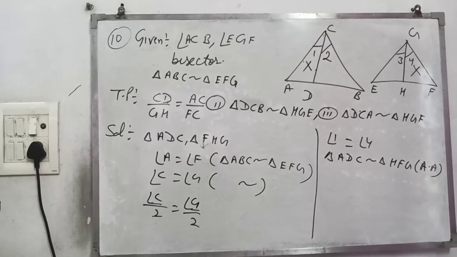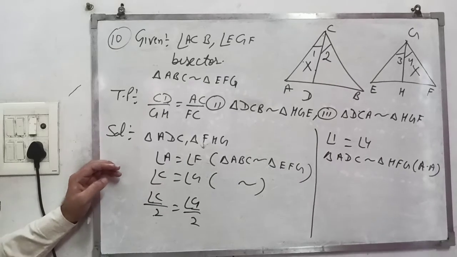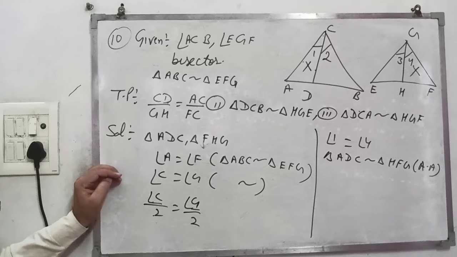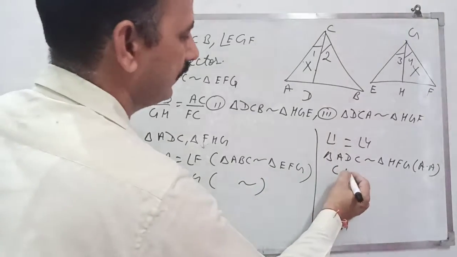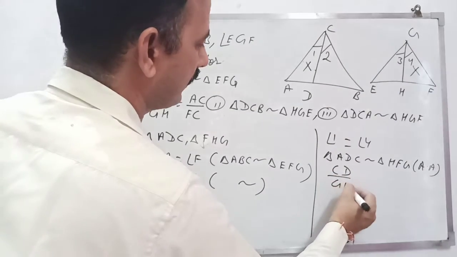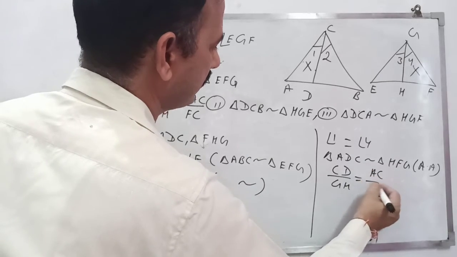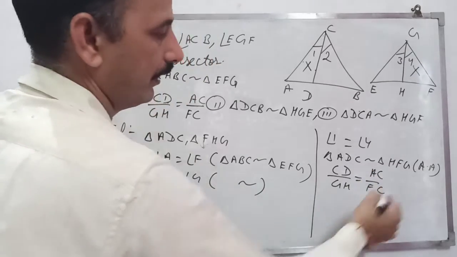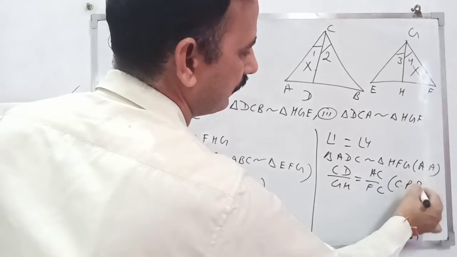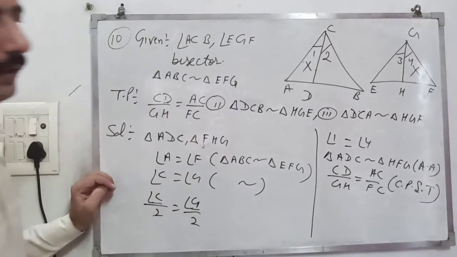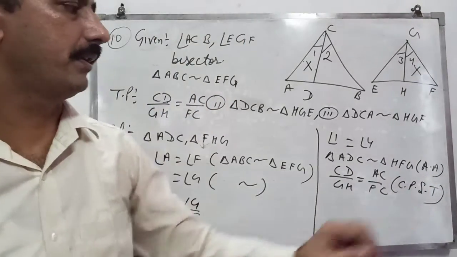If the two triangles are similar, the ratio of their corresponding parts are equal. So it means CD upon GH is equal to AC upon FC, by corresponding parts of similar triangles.